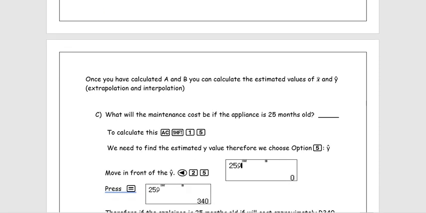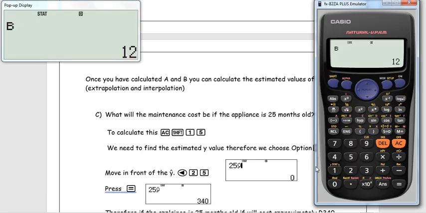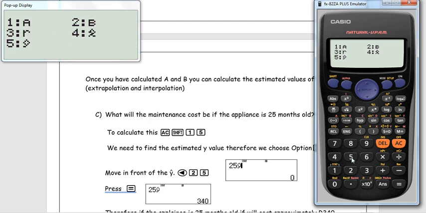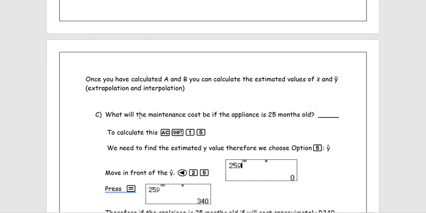To do this, we are going to do the following. AC, shift 1, back into option 5, our regression menu. And now let's have a look at the question. What will the maintenance cost be if my appliance is 25 months old? So if we think back, we have been given our age of our appliance.